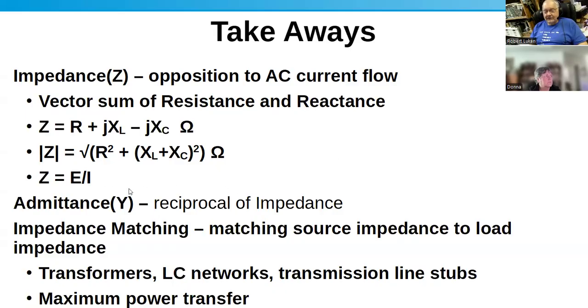Admittance was the reciprocal of impedance, and we use Y instead of Z. Impedance matching was just matching source to load by using transformers, networks, or transmission line stubs. And the purpose is for maximum power transfer.